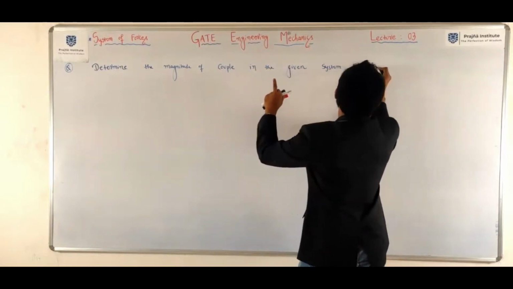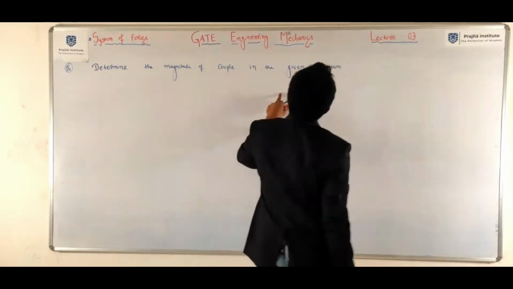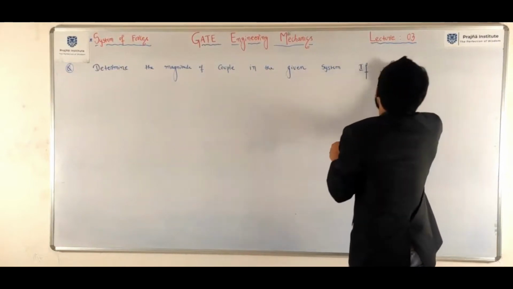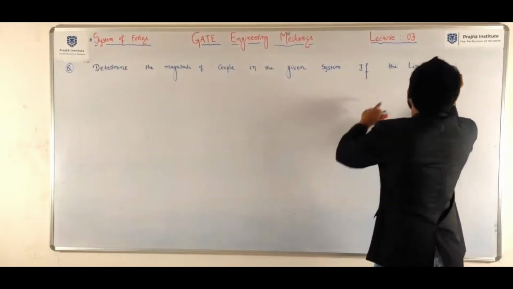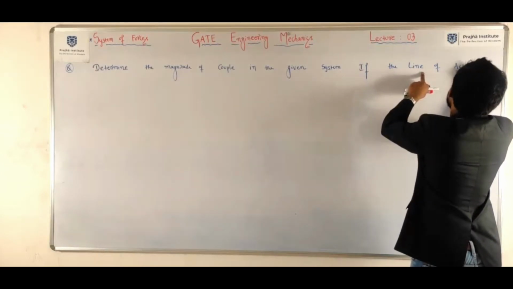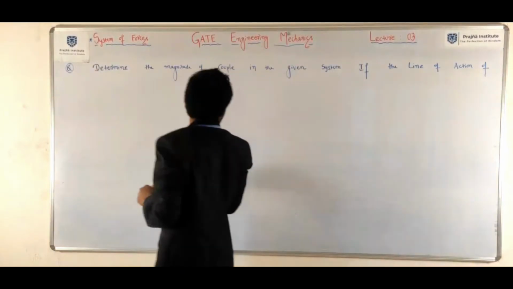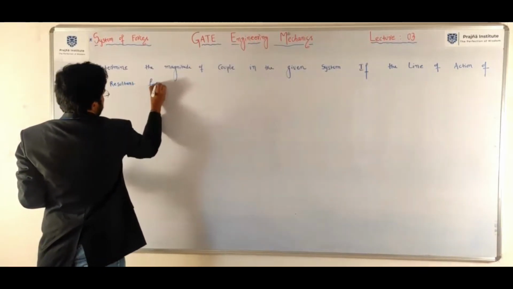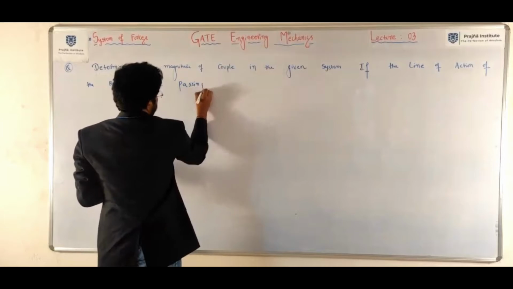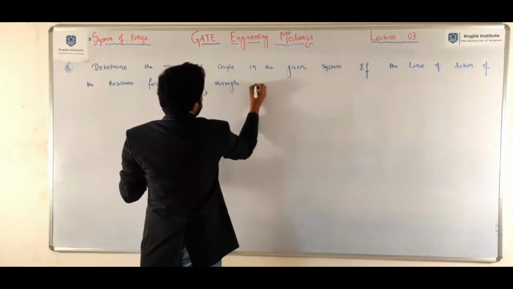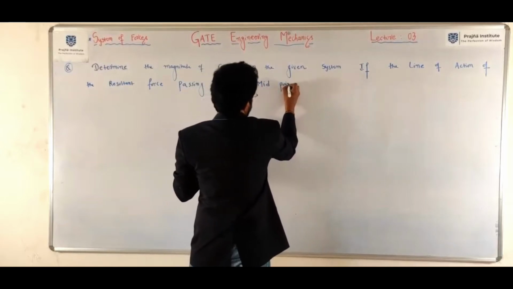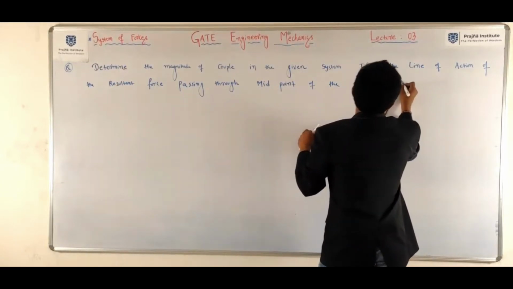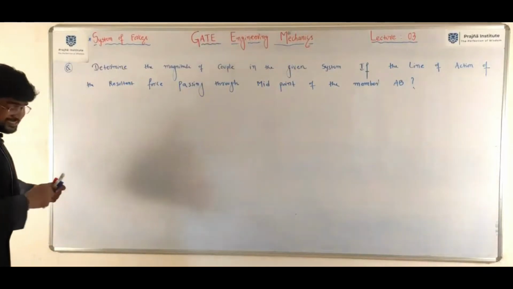In the given system, if the line of action of the resultant force passes through the midpoint of the member AB. Okay, so we can draw the same question.